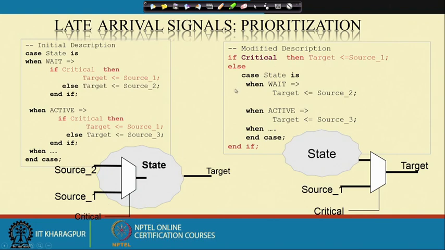So, as I can see from this particular expression, critical is the case where in both the states it is common and it is selecting source 1.